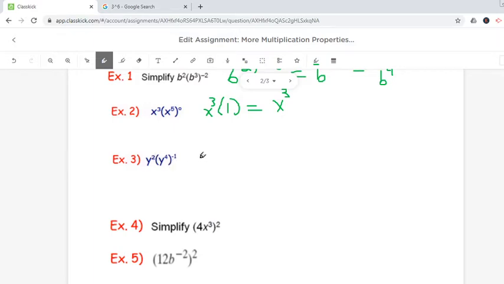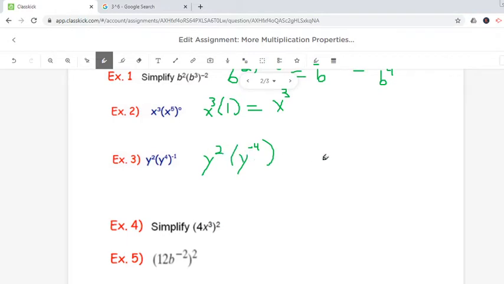So we'll keep the y squared here. And then there's an exponent outside of the parentheses. So we need to multiply. So we have y, 4 times negative 1, negative 4. So now there are no exponents outside of the parentheses.